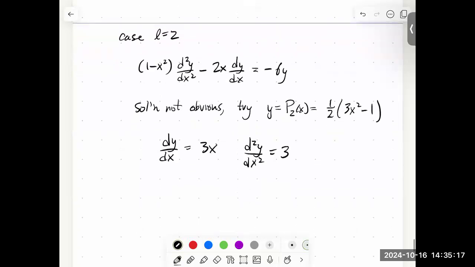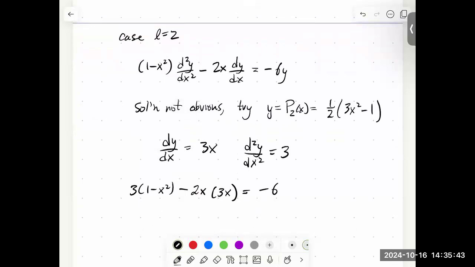All right, so then we're going to get what? (1 minus x squared) times the second derivative, which is just a 3, minus 2x times the first derivative, which is 3x, is equal to minus 6 times y.